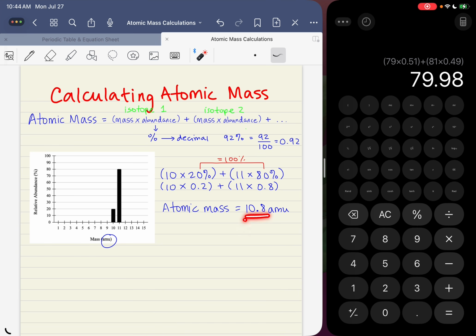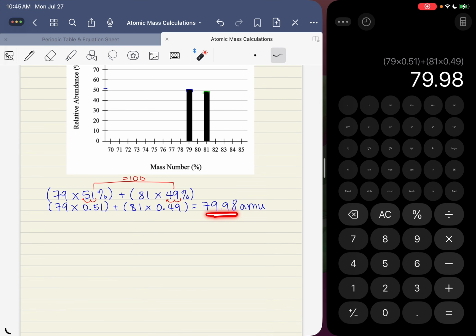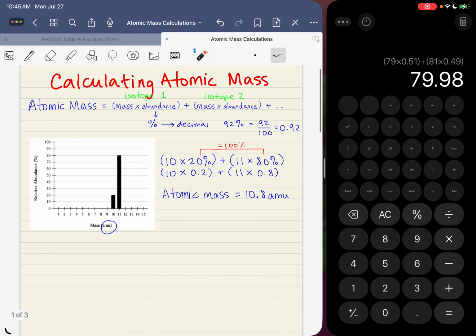And so if we look at our answer, 10.8, it is closer to the 11 than the 10. In this one, it's pretty much closer to the 80, which is right in the middle, and that's because they're almost exactly 50%. So usually seeing which one the atomic mass is closest to works if we have pretty significant differences in the abundances of the isotopes.